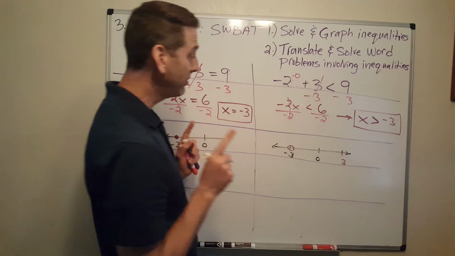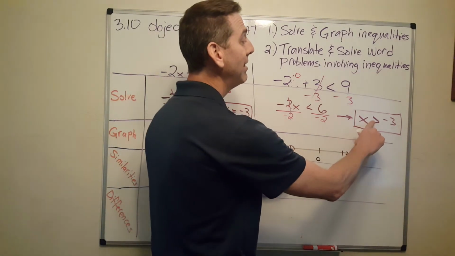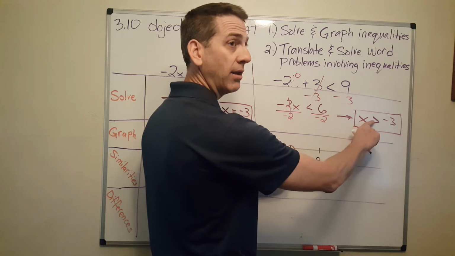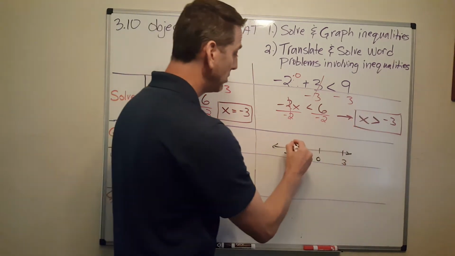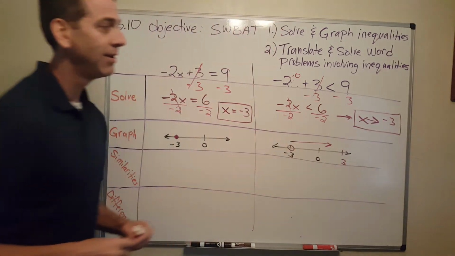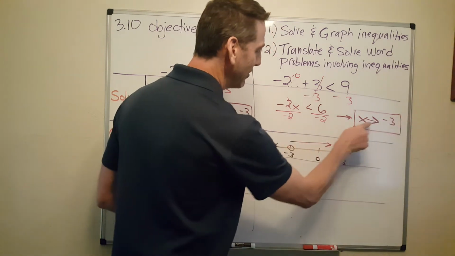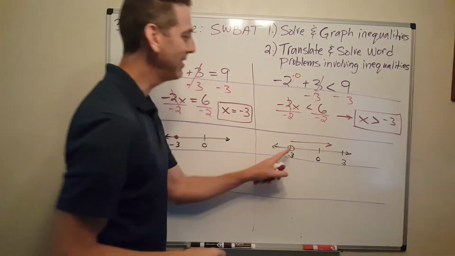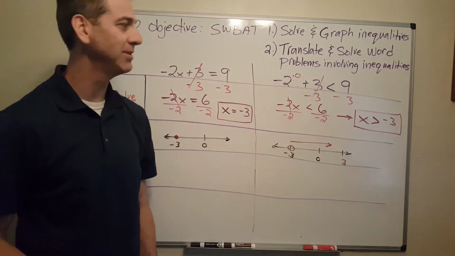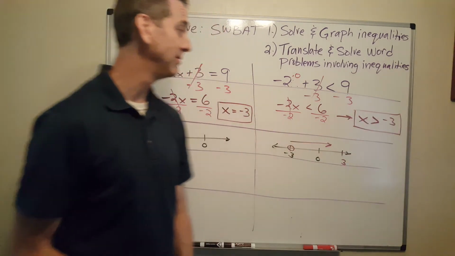Negative 3 is not part of the solution, so I keep it open. Anything greater than negative 3 is a solution. See the arrow, how that arrow's going that way and this arrow's going that way? Anything greater than -3 is a solution. 0 is a solution, 3 is a solution, everything over there is a solution.